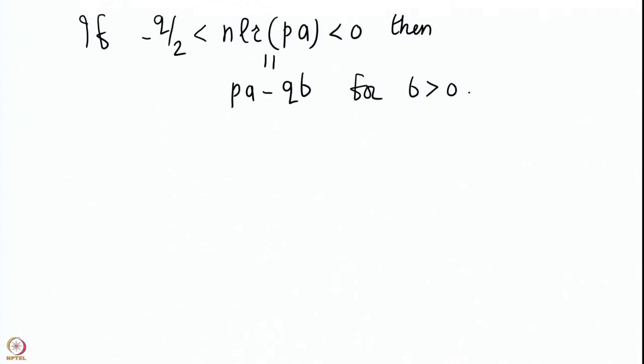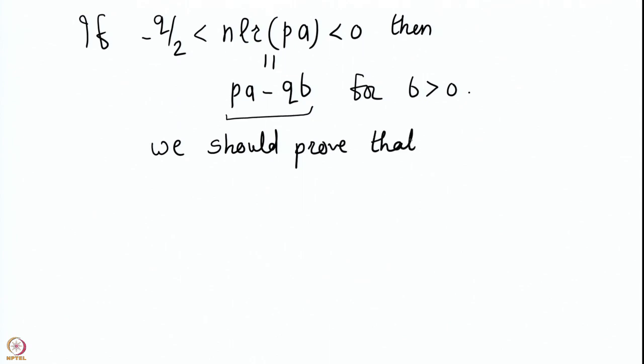So, here we are getting pa minus qb, and we should rather prove that (a, b) belongs to R2. We should prove that it belongs to the region. You may think that indeed this is the equation for the region R2, minus q/2 less than pa minus qb less than 0.